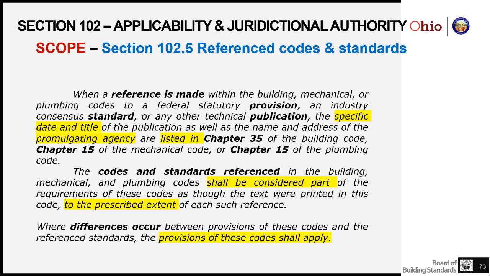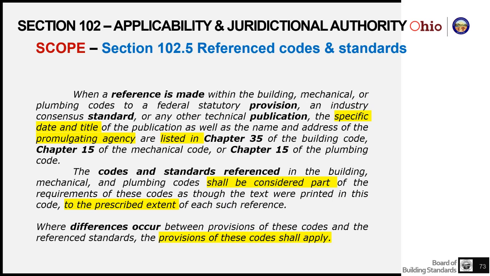The plumbing code and the mechanical code have similar reference standard chapters. They're Chapter 15 in each one of those sets. Also, the codes and standards referenced shall be considered part of the requirements of this code to the prescribed extent.